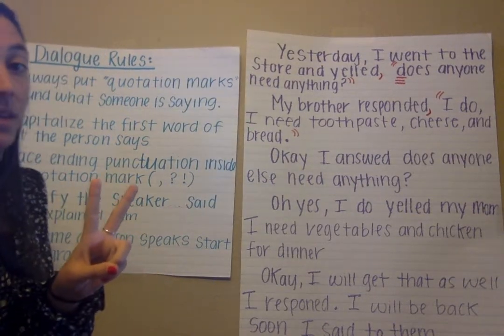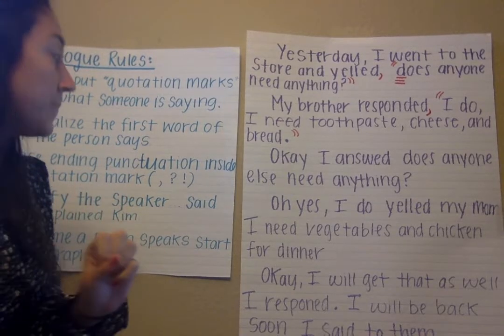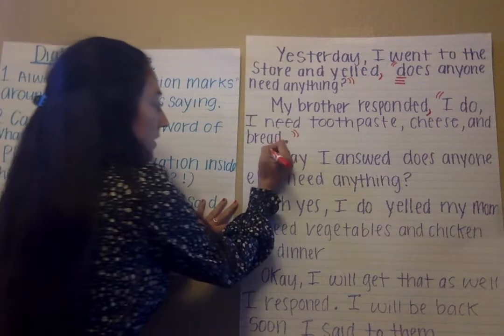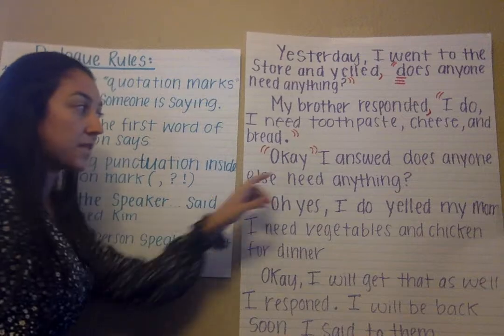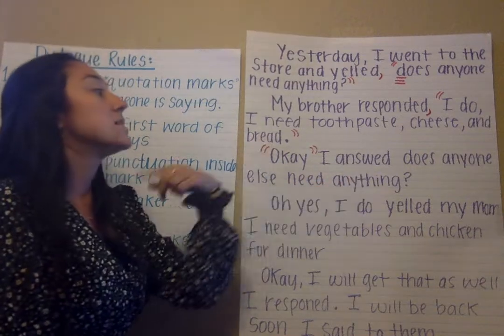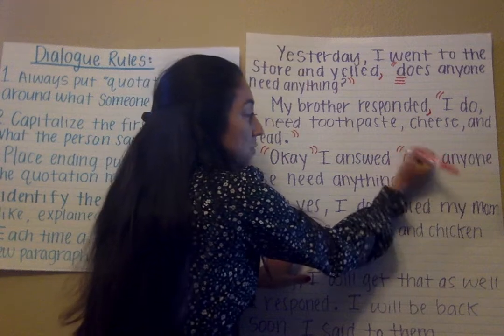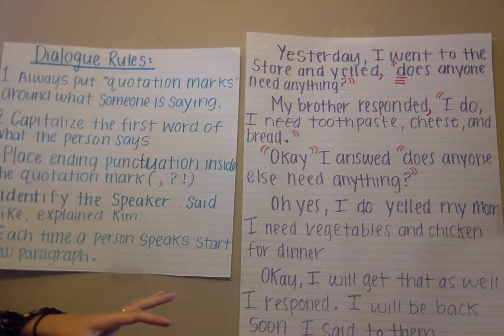So this one's going to become a little bit more confusing, but I want to show you what we need to do. So the first thing I said was, "Okay," quote, quote, I answered, "does anyone else need anything?" That is where I talked again, and it's within the same sentence.